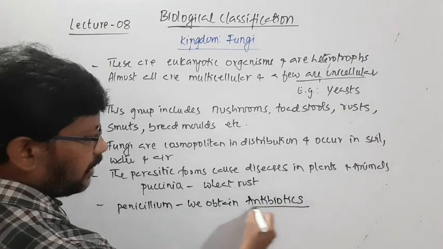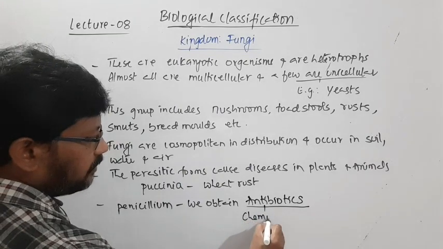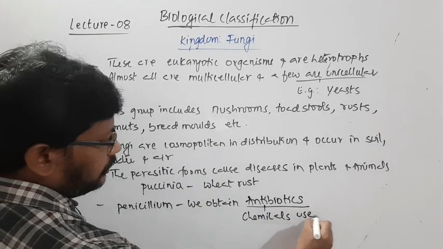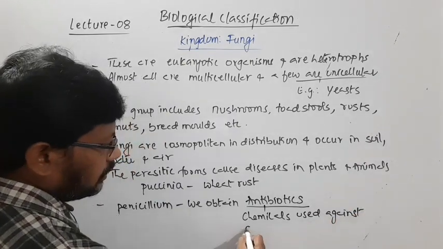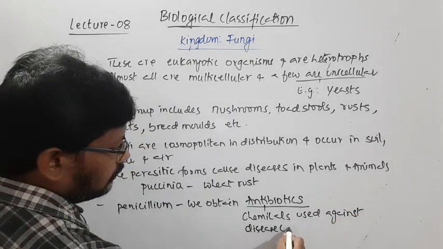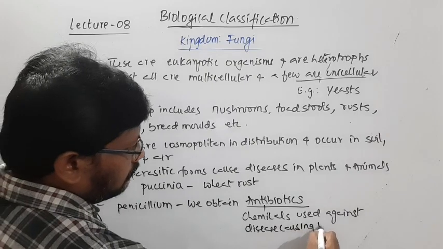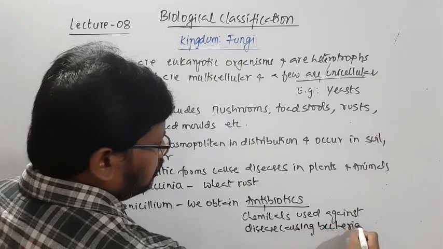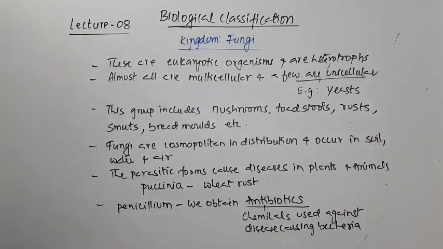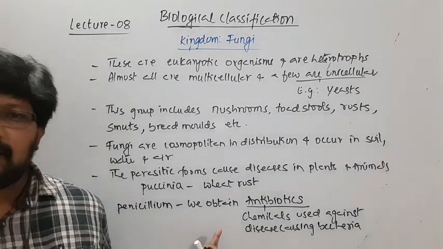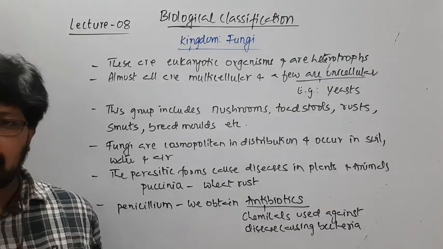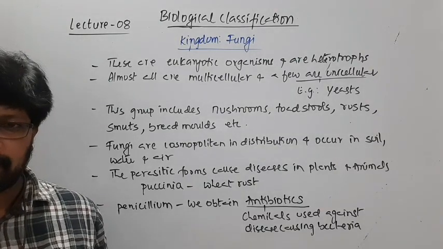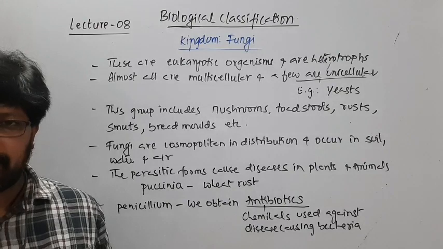These antibiotics are chemicals used against disease-causing bacteria. So it's a medicine. We use it like a medicine in curing diseases like typhoid, cholera, which are actually caused by bacterial infections.